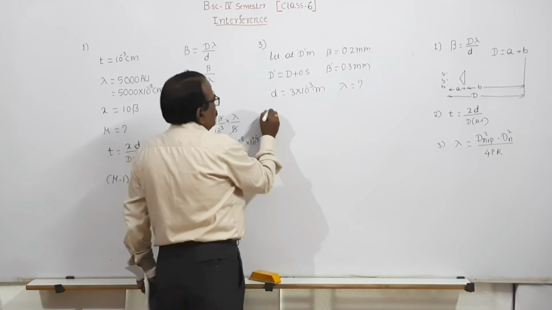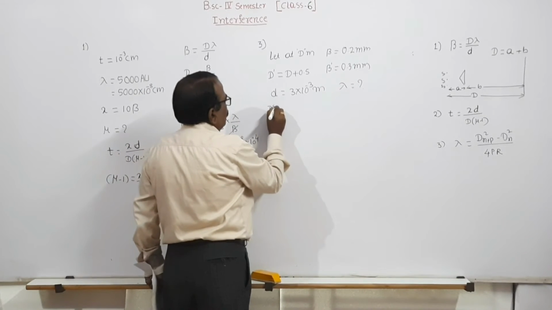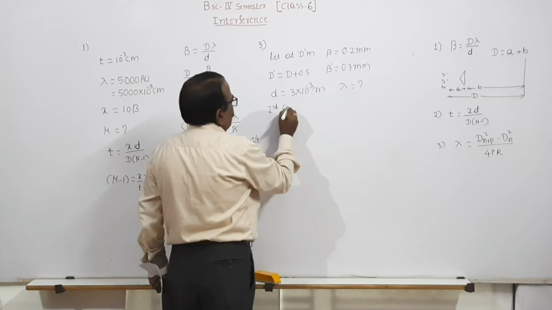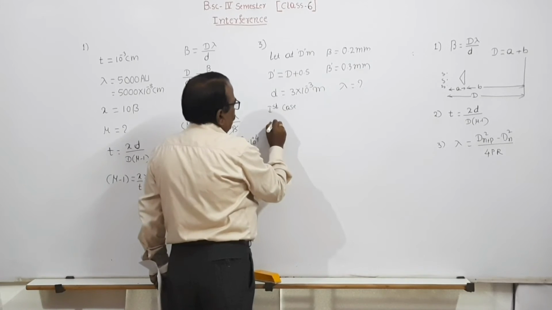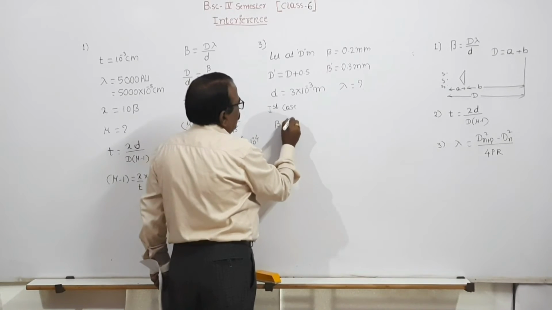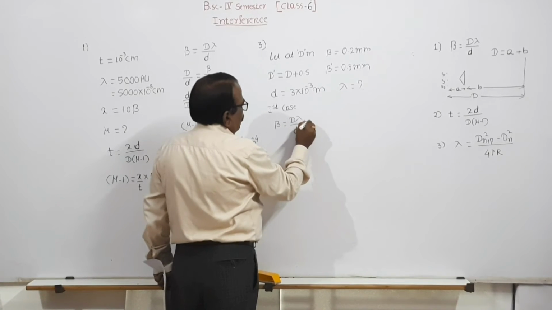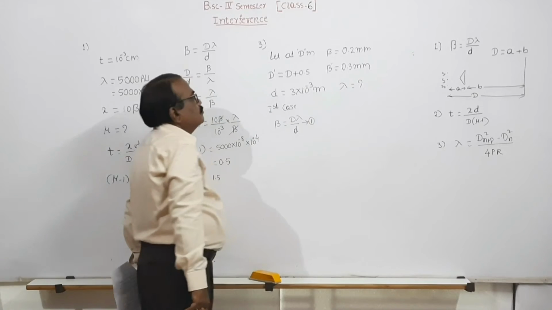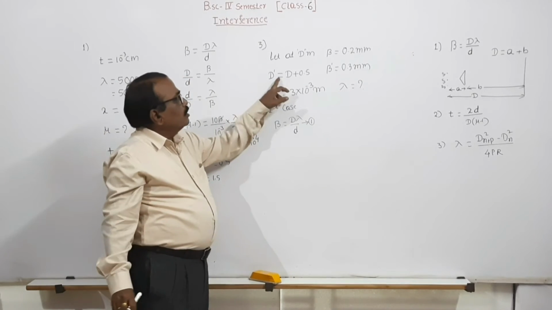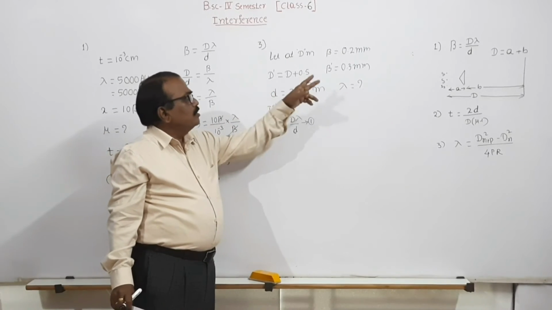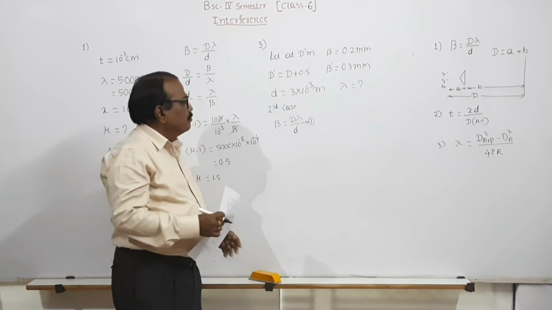Now in the first case, beta is equal to D lambda upon d. Call this equation 1. Then in the second case, the distance has been increased, which is D dash.